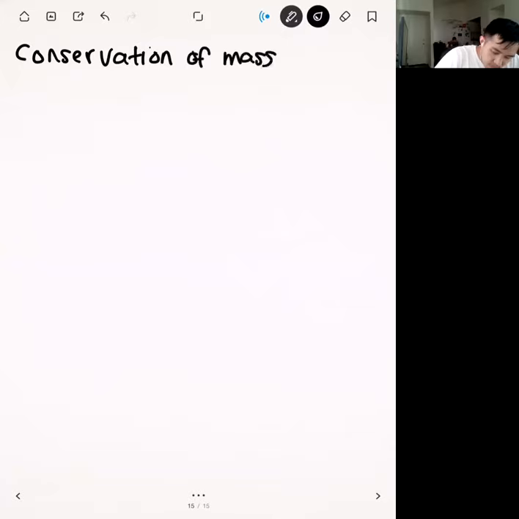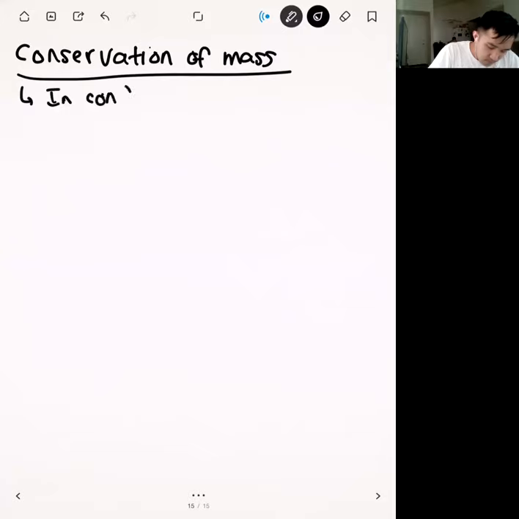Conservation of mass says that if you're in a confined flow, or in other words, the fluid only has one direction to go, you can assume that the mass flow rate is always going to be constant.